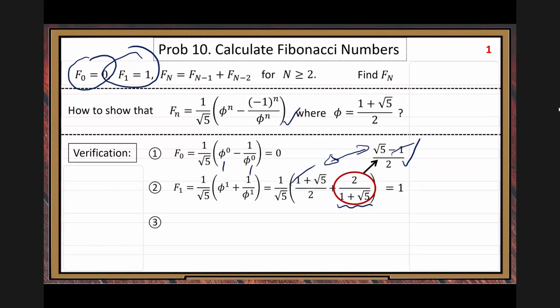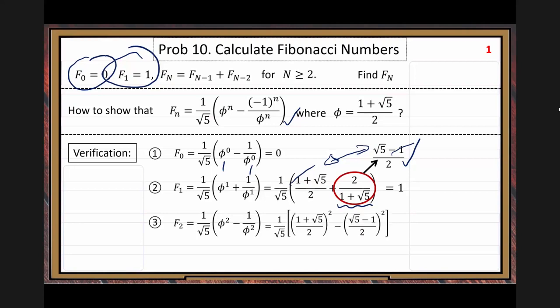Third one. For our mathematical induction, we do not need to do the third one. But here, I want to show you some algebra technique. So I try a few more verifications. Here, the third one, we need to calculate phi squared and 1 over phi squared.